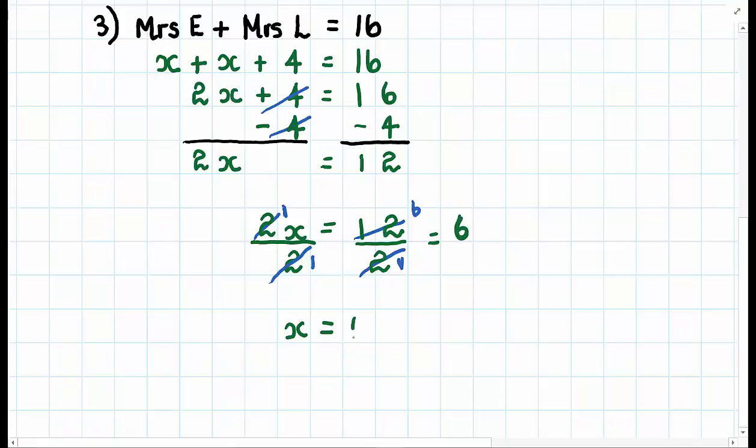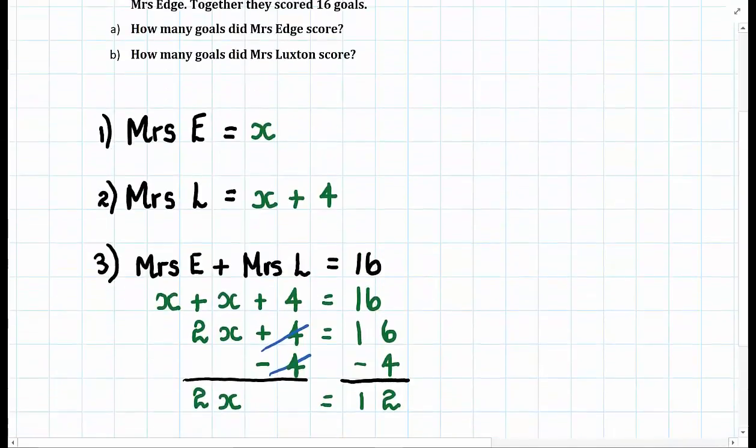So x is equal to 6. It's always a good idea to highlight the answer to the equation. So step 4, we're now going to substitute x is equal to 6 back into the equations and expressions to answer the question. So let's have a look at part A of the question.